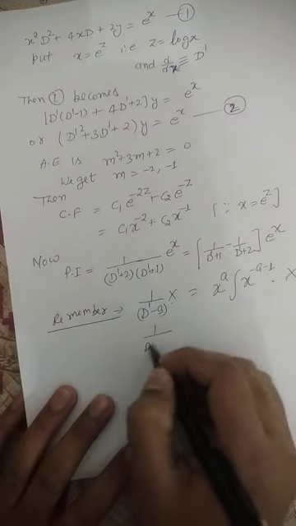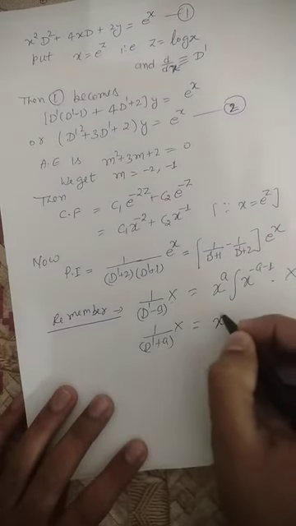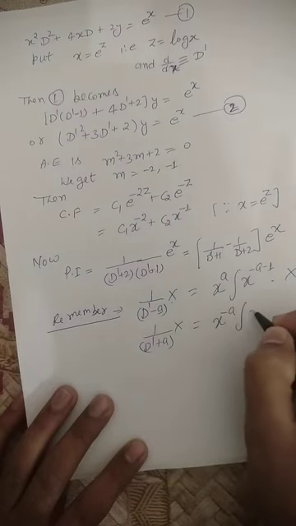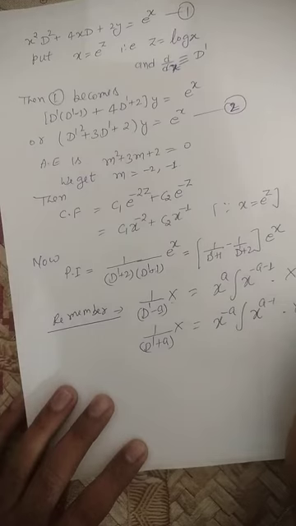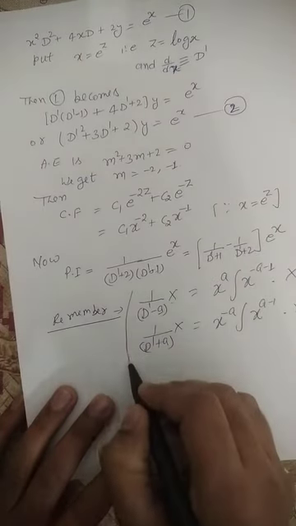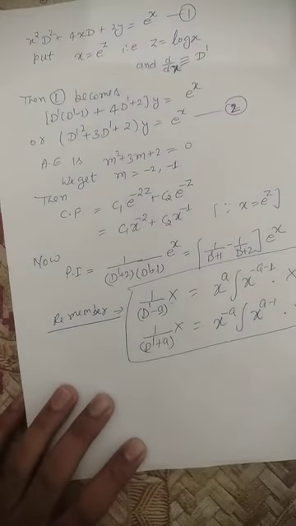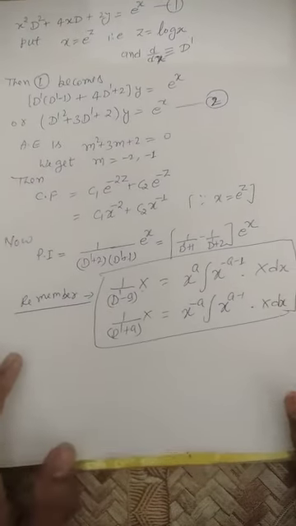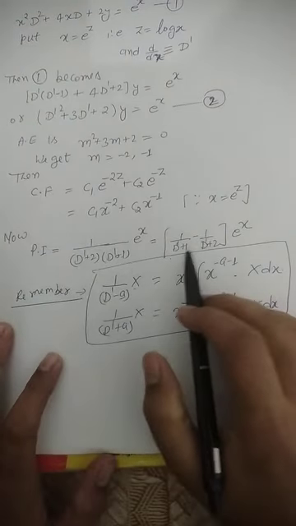And if it is D dash plus a, you have to write x to the power minus a times the integral of x to the power a minus 1 into X dx. You have to remember both these formulas.